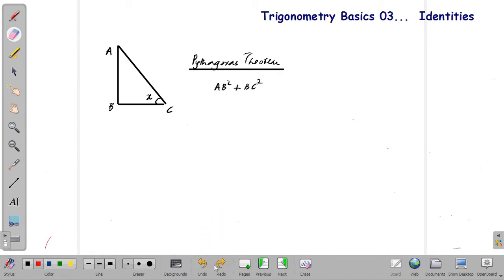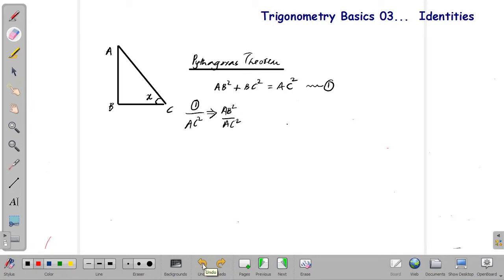Pythagoras theorem states that AB square, the perpendicular side square, plus base BC square is equal to AC square. Let it be equation number 1. Now, we divide this particular equation number 1 by AC square, term by term, on both sides.